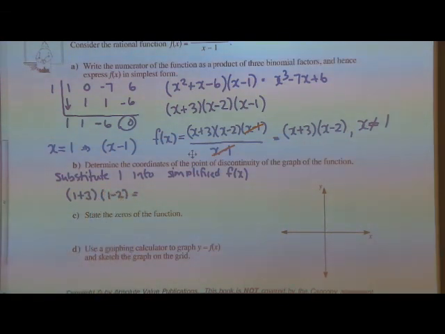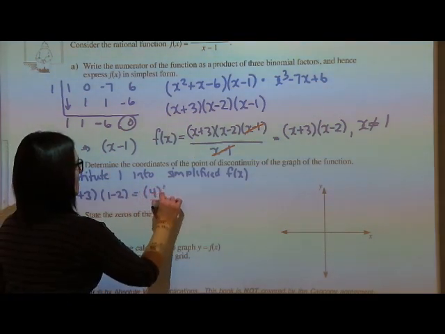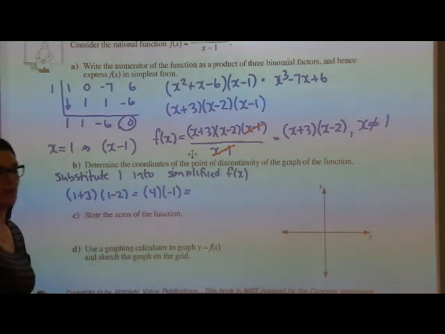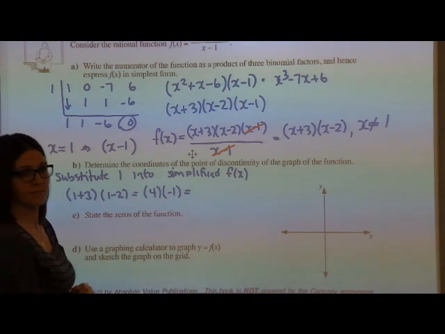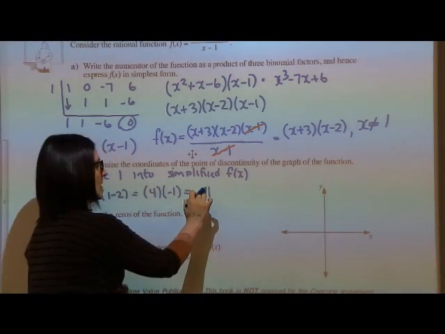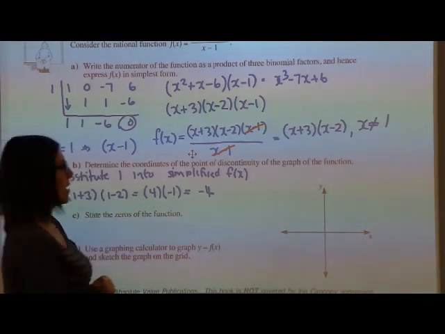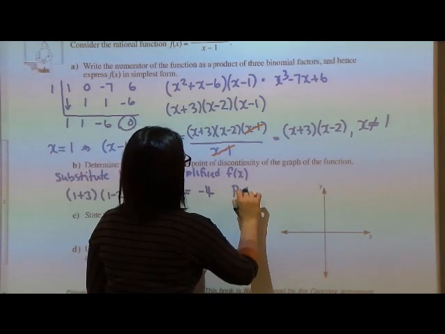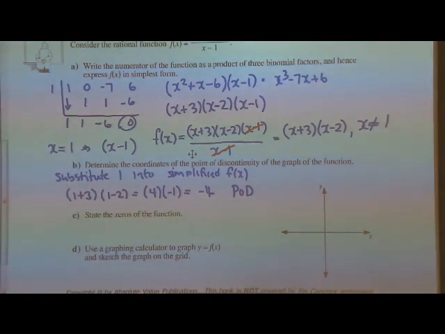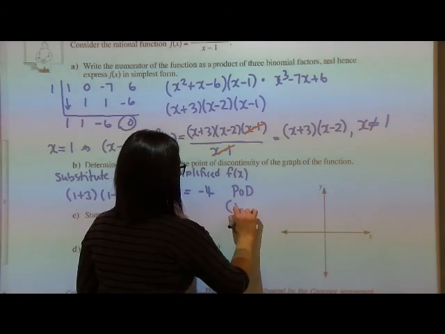So 1 plus 3 is? And 1 minus 2 is? And 4 times negative 1 is -1 or -4, sorry. So then my point of discontinuity, which I'll abbreviate POD, is 1 and -4.